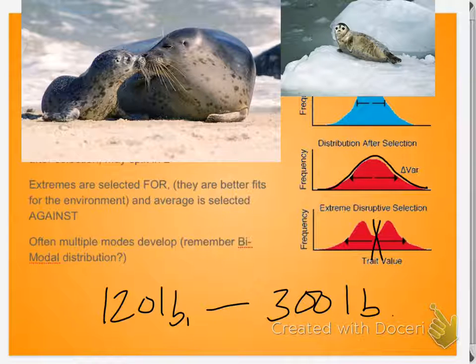But guess what? There aren't a whole lot in the middle. They all tend to be either little, fast, wiry harbor seals who can get away from sharks, or they tend to be what I'll call big guys who aren't very fast.